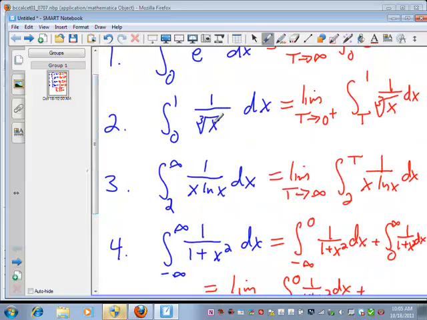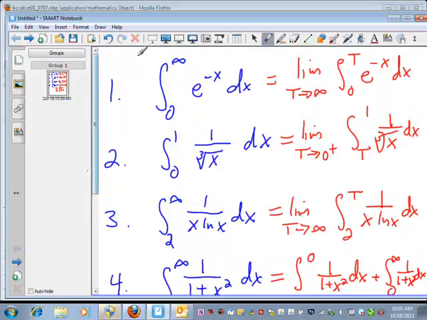We had remarked last time that if you have 1 over x to a power, then it's going to converge at a place where it's undefined if the power is less than 1. In this case, the power is 1/3, and therefore this one should work out. And so the question is going to be stated: determine if the following integrals converge or diverge.